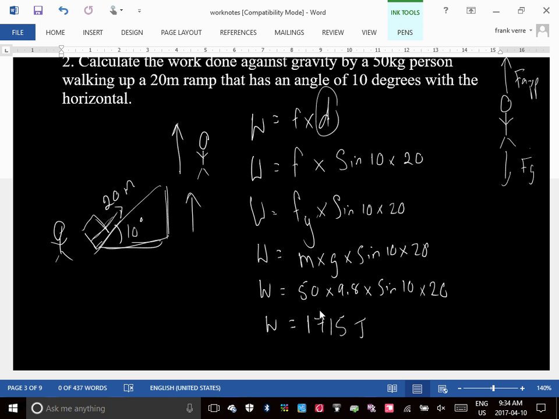That's a good question. So ramps is something that we don't really deal with in grade 11. We could. So we'll talk more about that in grade 12. But the normal force has to be pointing perpendicular to the surface. So it would actually be this component right here. Okay?